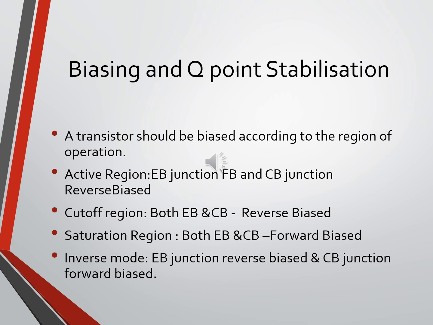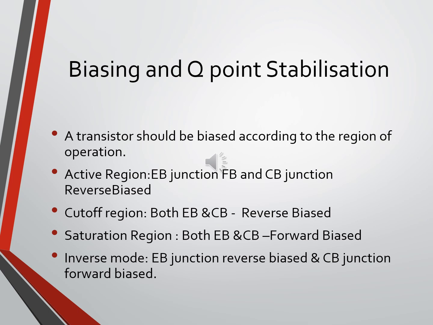So when we talk about biasing and Q point stabilization, a transistor should be biased according to the region of operation. We have four regions of operation: active region, cutoff region, saturation region, and inverse mode. In the active region, the emitter base junction is forward biased and the collector base junction is reverse biased.